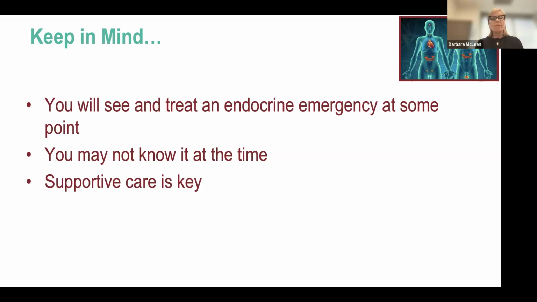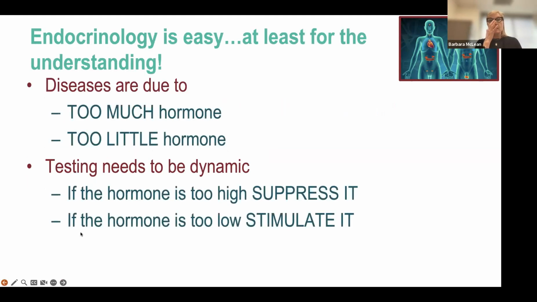So it's really important, when we're thinking about our patients, to appreciate endocrine function. I'm a simple girl, so to make it really simple, a very basic understanding in endocrinology is that you either have too much hormone or too little hormone. Well, that's pretty straightforward. Too much, too little.